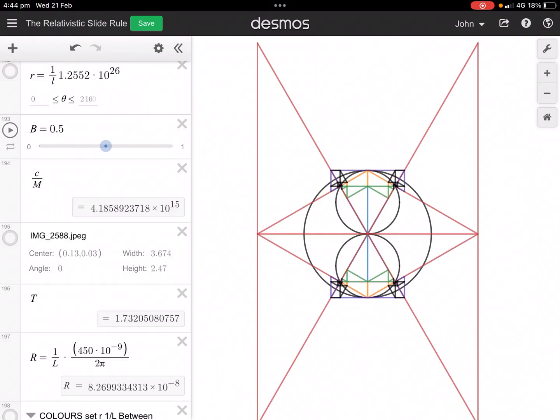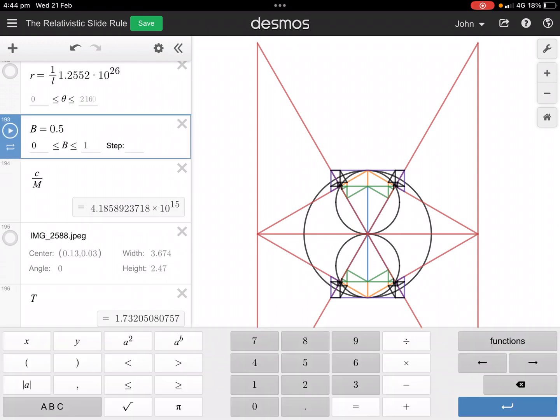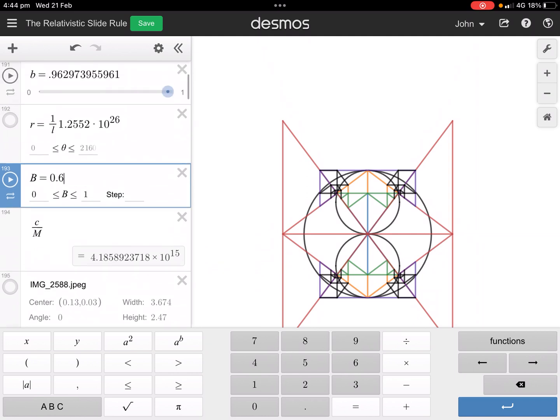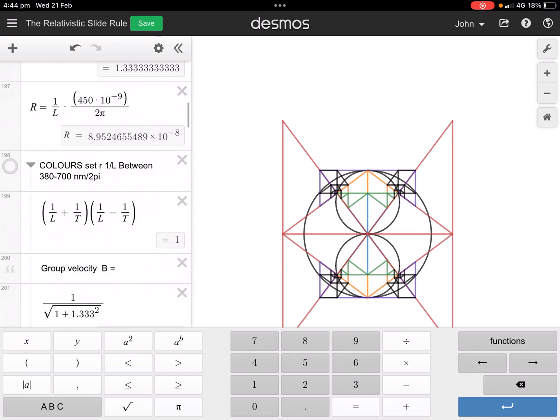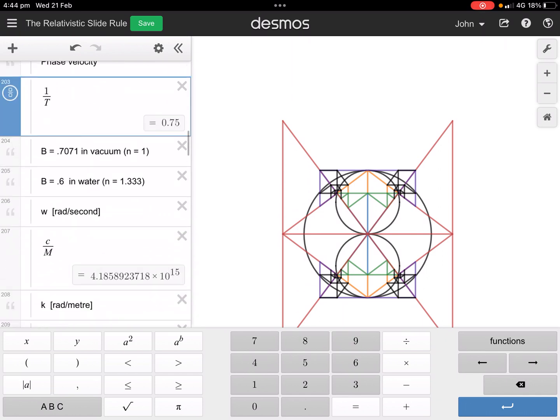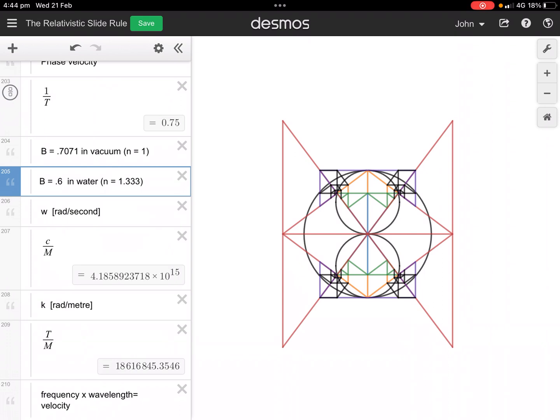Okay, so let's test it. So choosing a B value of 0.6, which means a phase velocity of 0.75, which means we're talking about water, so into water.